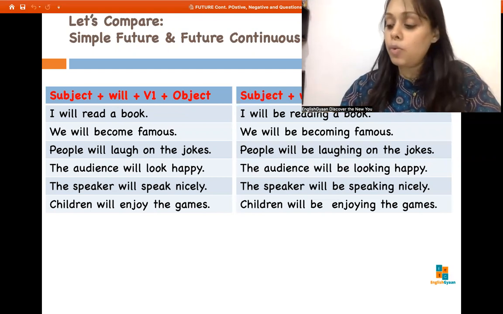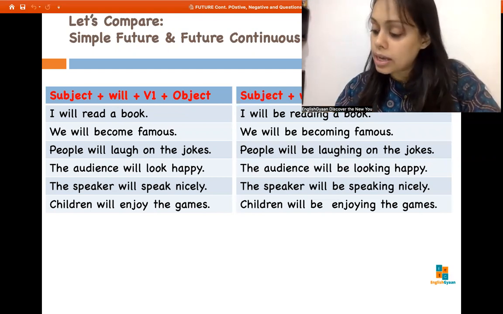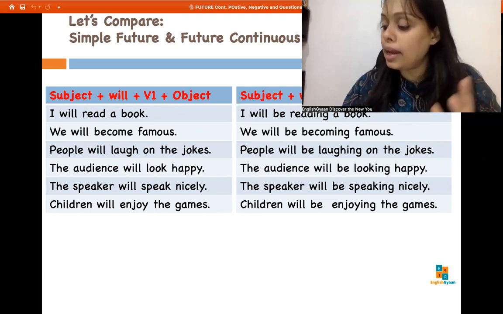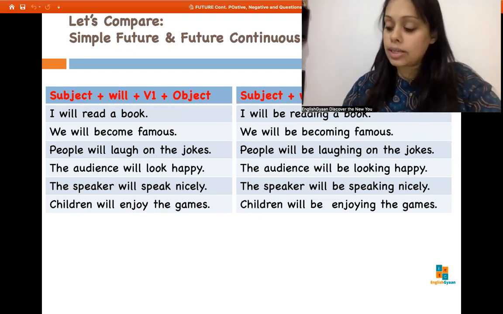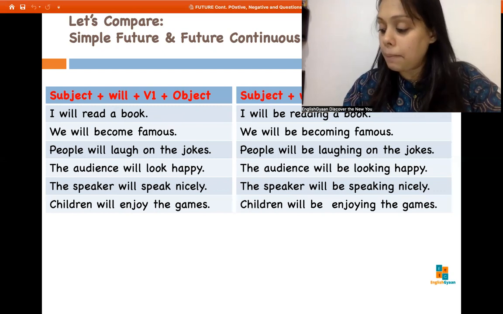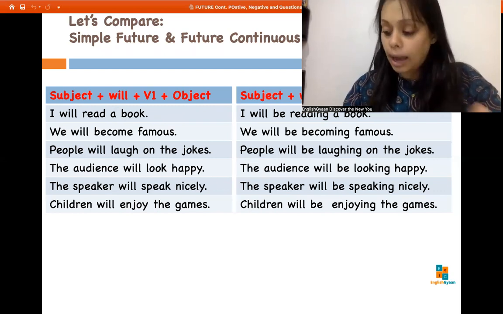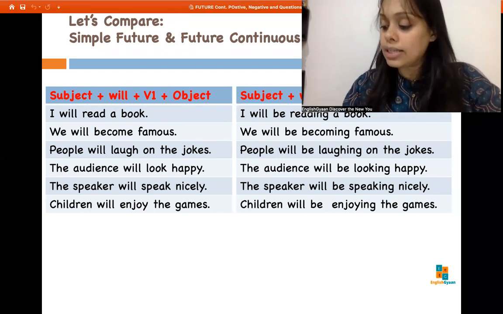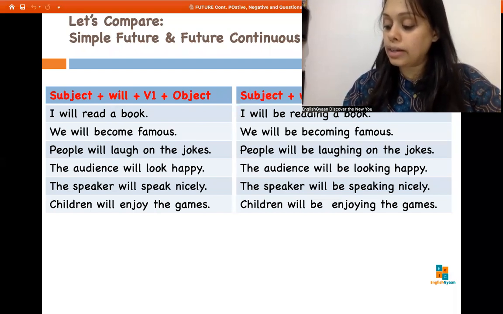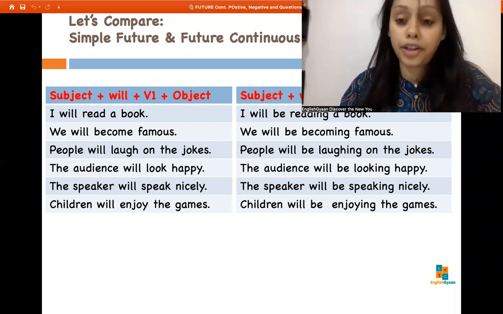People will laugh on the jokes. People will be laughing on the jokes. So this is a comparison between simple future and future continuous tense.